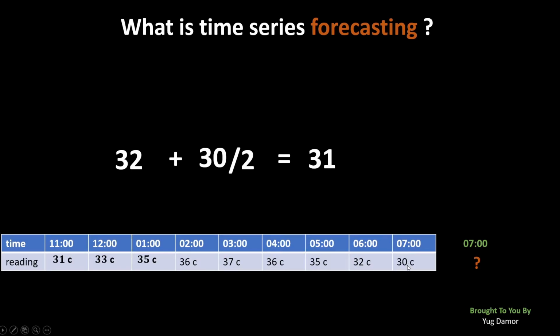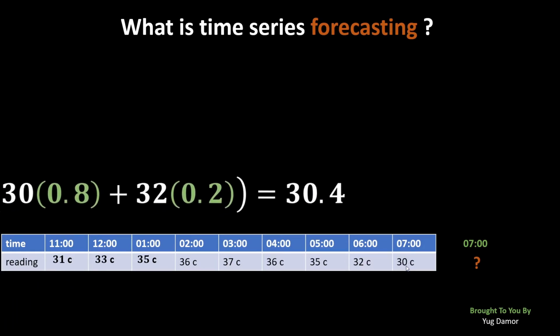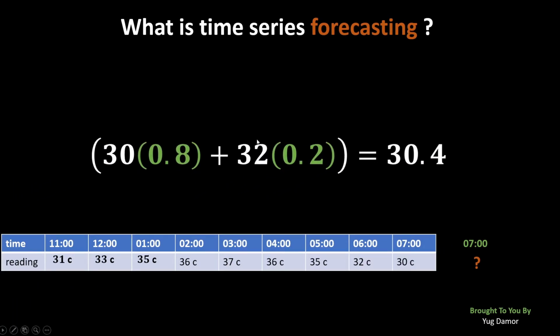You can multiply it with 0.8 and multiply the other value with 0.2, so there is more weight on the recent value. So like this, you can predict the value of temperature at 7 o'clock. I will discuss all these methods in detail in upcoming videos.